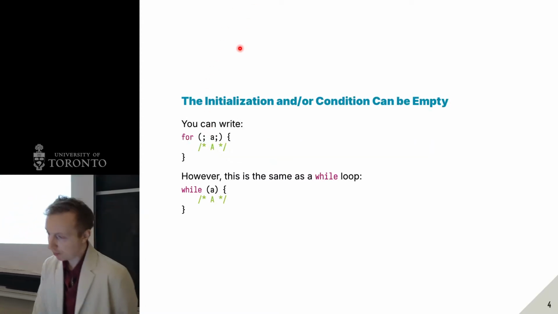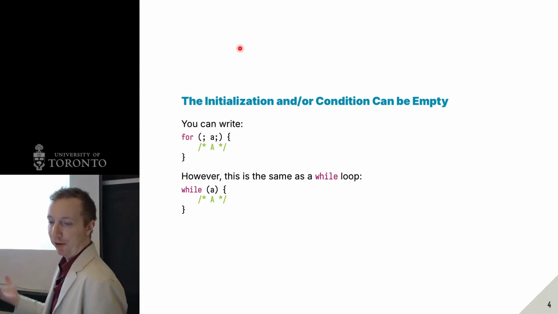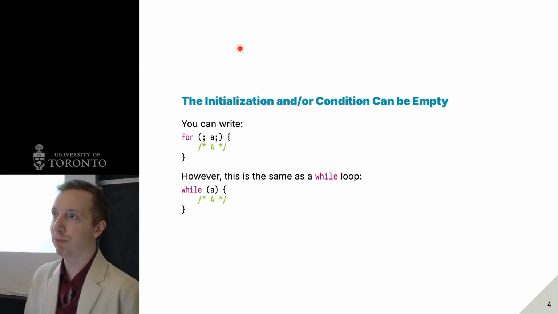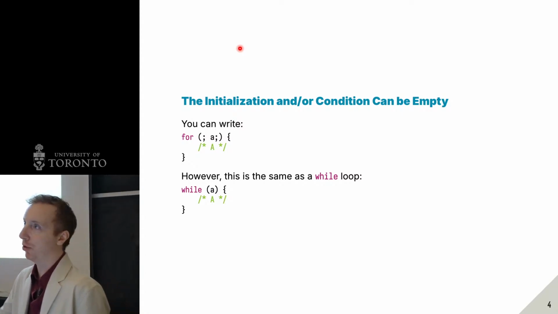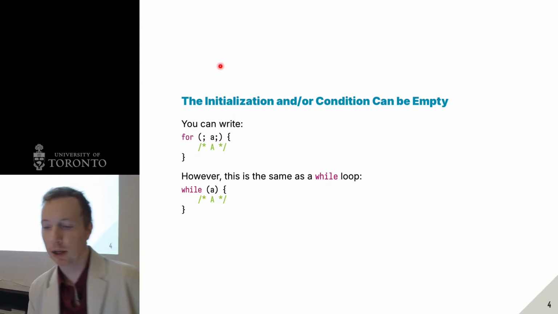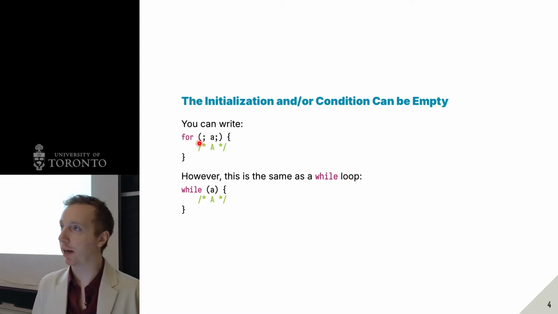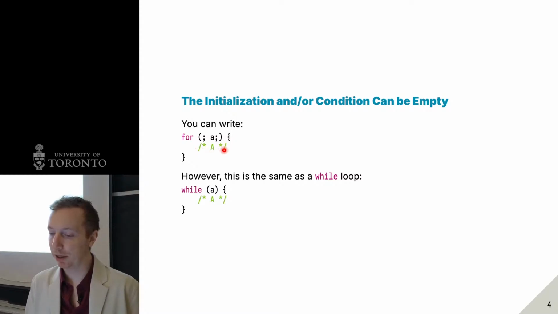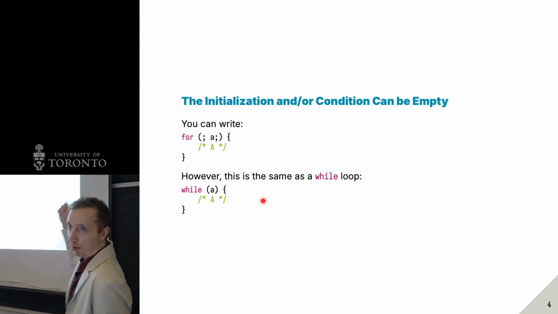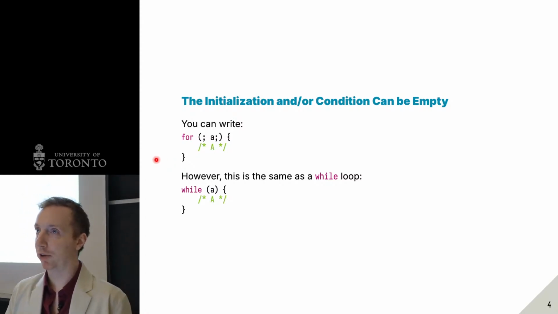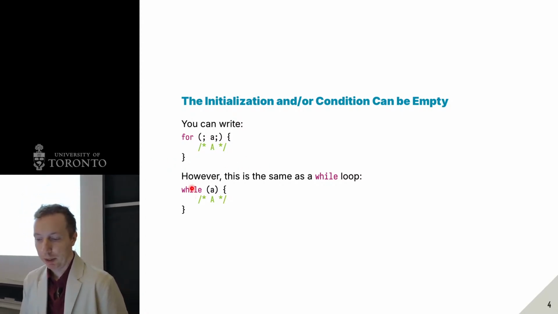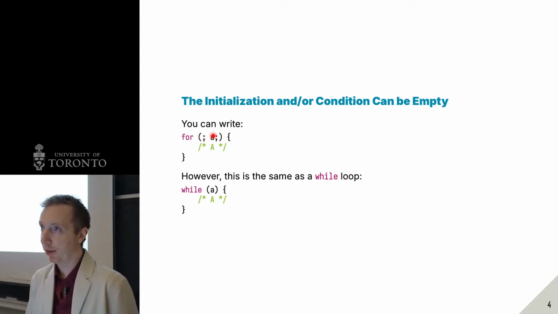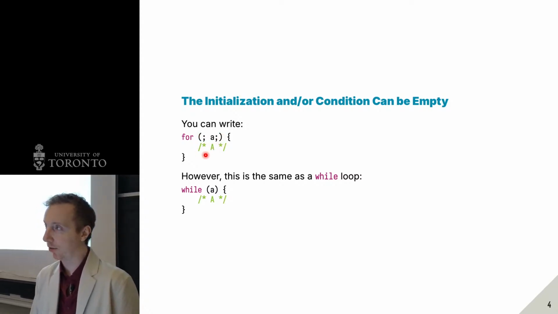It turns out that if we were for loop crazy, we now don't need a while loop at all, because we could write something like for and then empty, so the initialization statement does nothing, then the conditional expression A, and then the increment can be nothing, and then we can have some code here. And that's going to be exactly equivalent to a while loop, right? It's not going to do anything special, because at the beginning, this for loop does nothing, and at the end of executing this, it's going to do nothing.